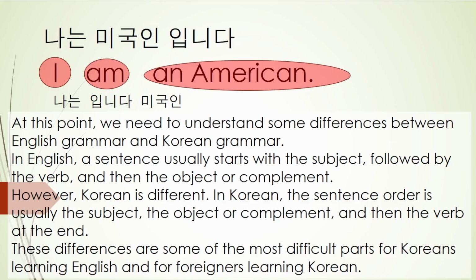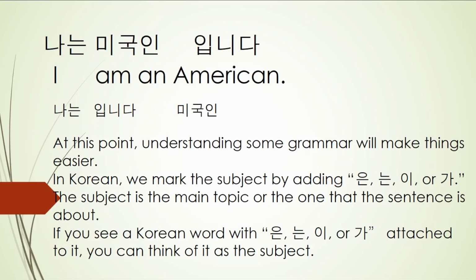At this point, understanding some grammar will make things easier. In Korean, we mark the subject by adding 은, 는, 이, 가. The subject is the main topic or the one that the sentence is about.